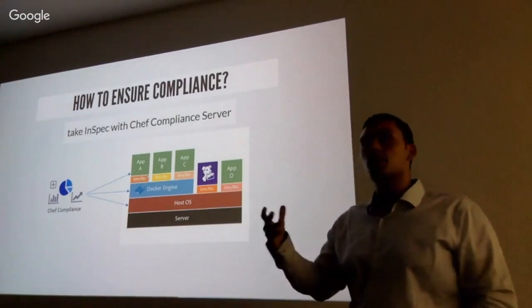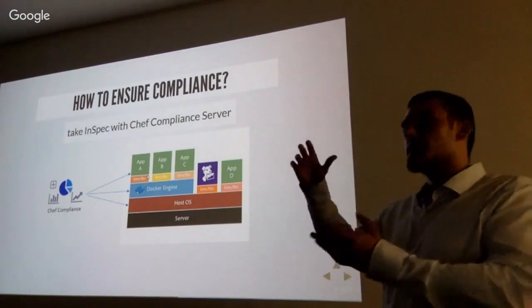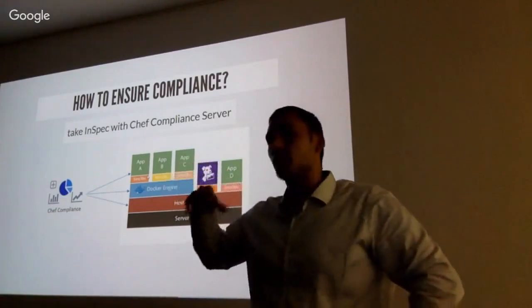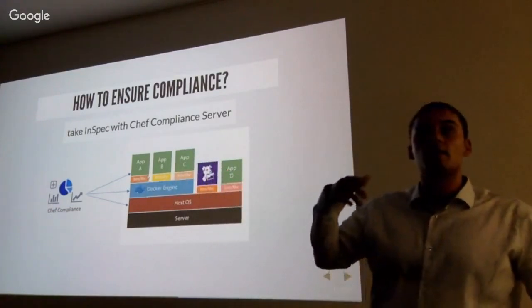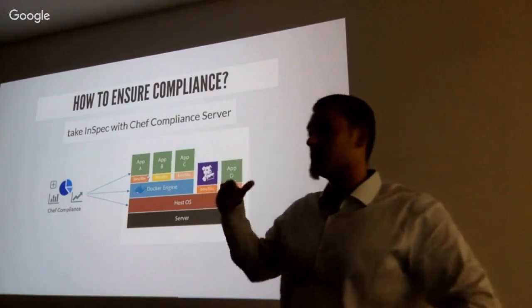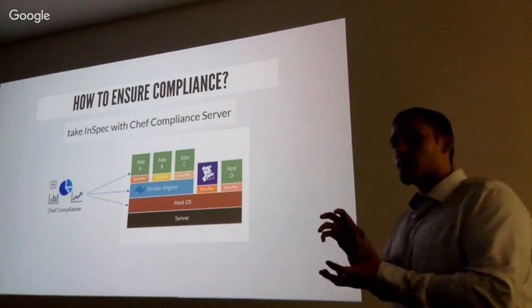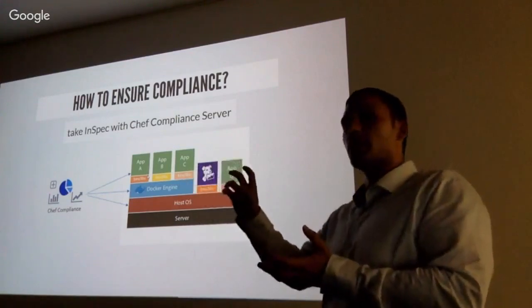If you monitor this with InSpec, then you can see the changes. Because if you use InSpec in a cron job or something like this to scan it every day, second, minute, or week, what you want, then you can detect a shift of your configuration.